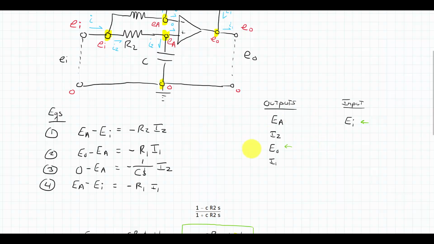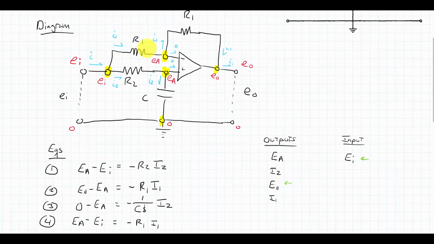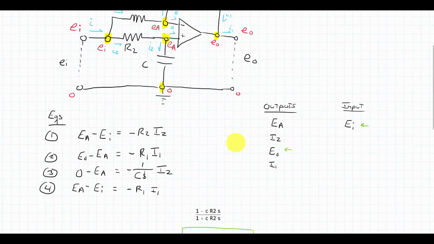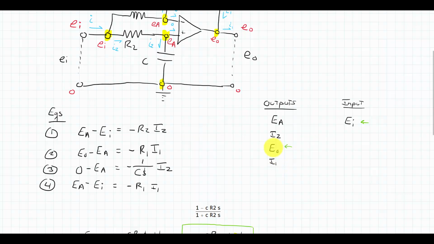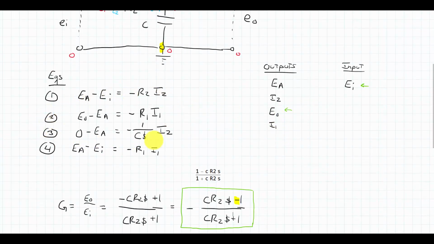EA, that voltage I created the variable for that's going into the op-amp. I1 and I2, the currents that are going through the top and the lower branch after I splits. And then I have E out, which is what I ultimately wanted. So I came up with 4 equations for my 4 unknowns, and I had then a solvable system.